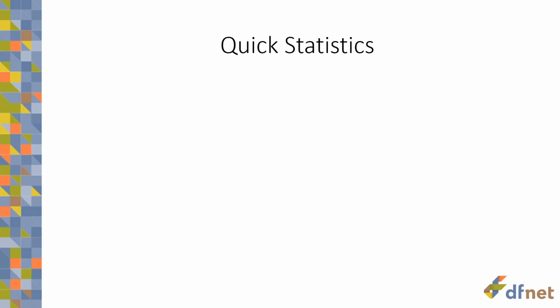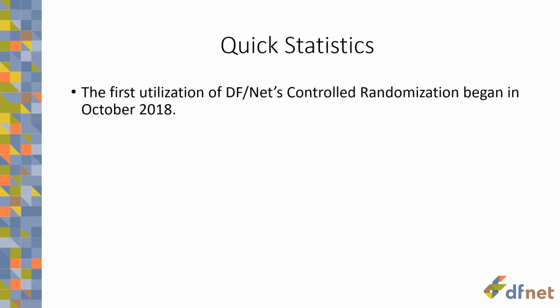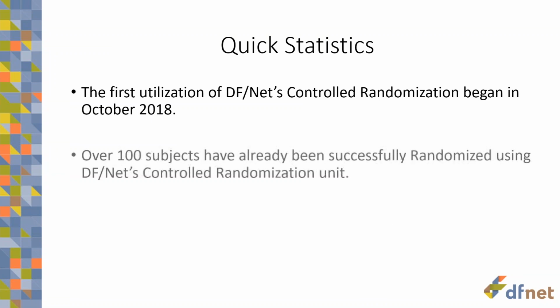So a few quick statistics to wrap up. The first utilization of DFnet's controlled randomization began in October of 2018. We have since then randomized over 100 subjects, and it's been very wonderful, and the system has been flowing nicely and has had a few revisions to allow for more flexibility and more security.